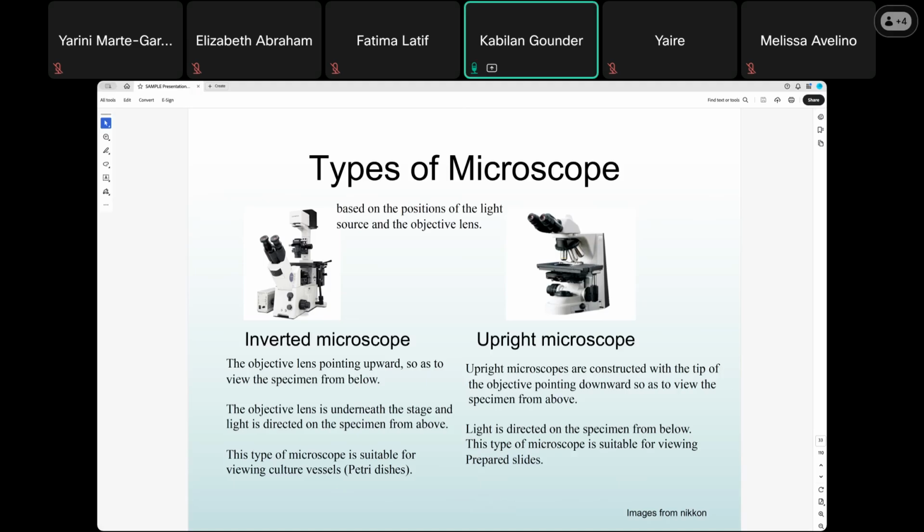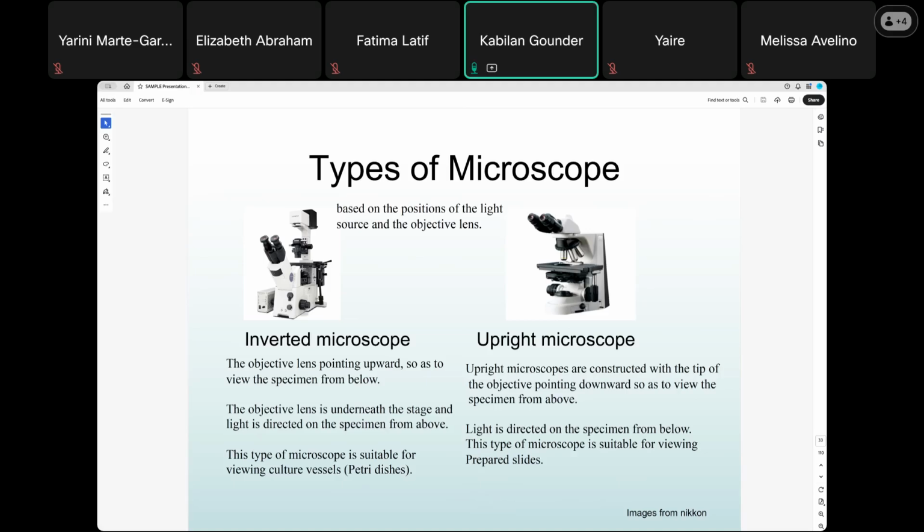and the objective lens are both very close to each other. So when you put the petri dish, there is no space. To overcome this, the objective lens is put underneath the stage. So that is the advantage.